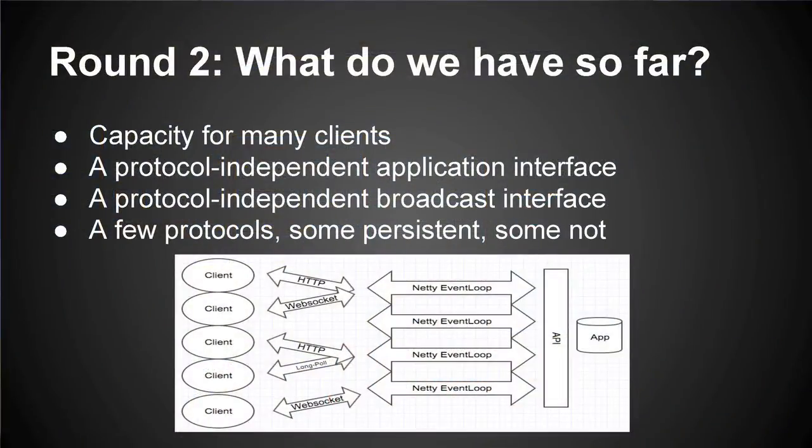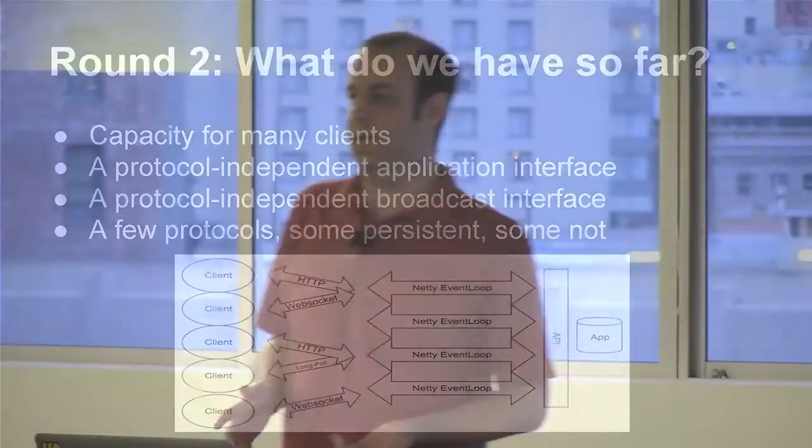OK. So here we have the end of round 2. We have capacity for a large number of clients. Like in this example, I'm using 32 event loops. You will be able to get that 100,000 number with that many event loops. We have a protocol-independent application interface, right? So this is some pretty good design.